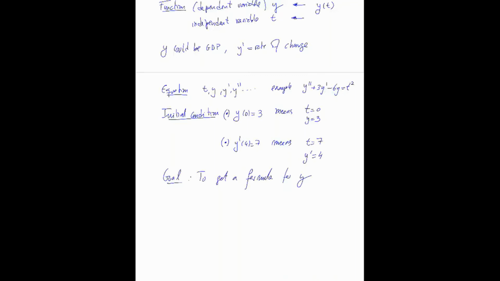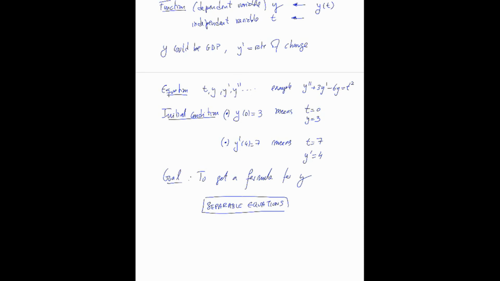Consider a very simple case, which is called separation of variables, or separable equations. So first I will do an example, and then we can give the general rule or the general procedure.